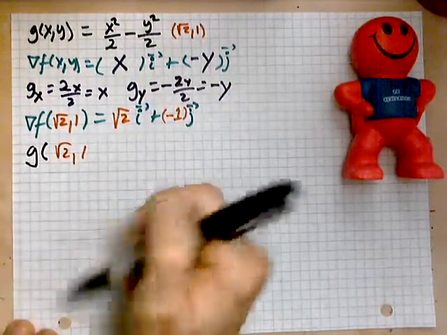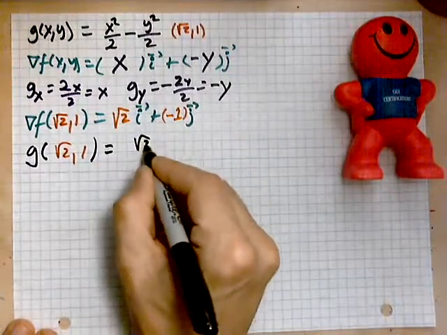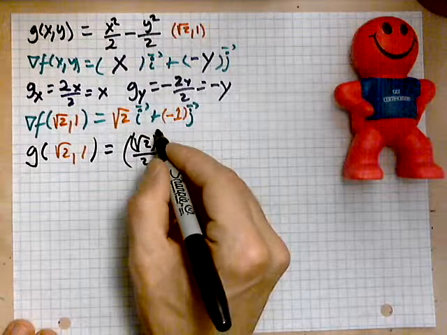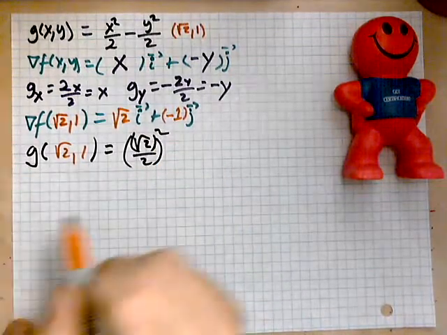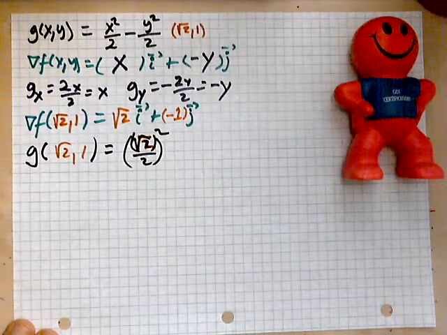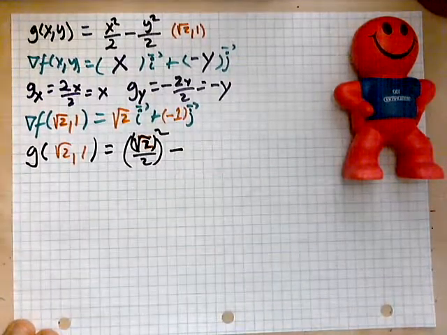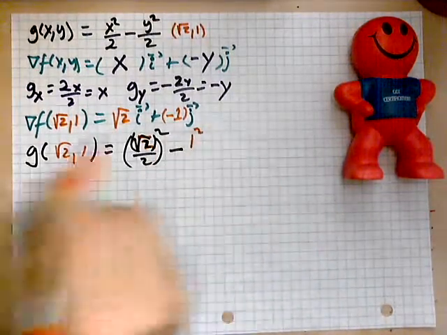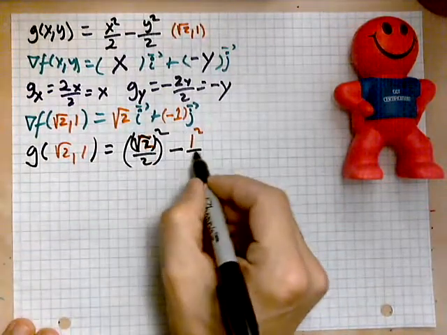We have root 2, and it's only that portion that is squared, and then from it you subtract 1 squared over 2.